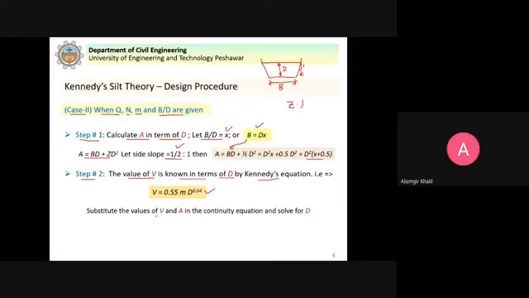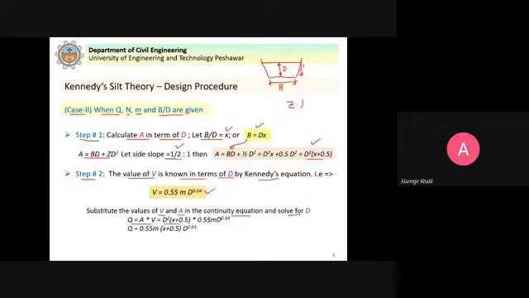So substitute the values of V and A in the continuity equation and solve for D. Now we have this as the area, in terms of the depth of water, and this is the velocity equation in terms of the depth of the water. So we have the continuity equation Q is equal to AV.